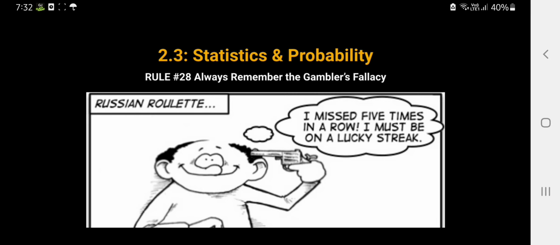That's the gambler's fallacy. You have to remember that each of these events, because of their independence, are referred to as statistically independent. So the toss of one coin does not have any effect on the toss of the next one or the one thereafter.